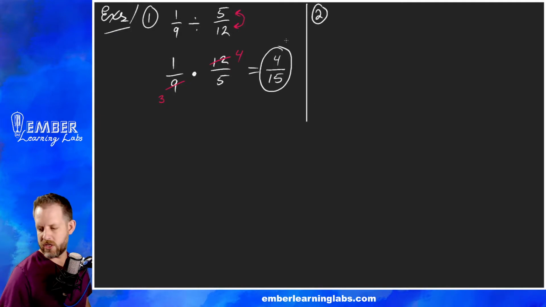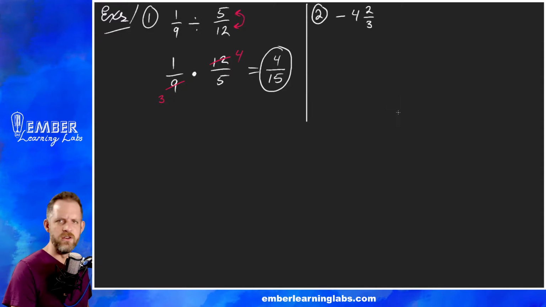So, example number 2. Numero dos. We're going to divide negative 4 2/3, so we're throwing a mixed number in there. That's the newish thing, right? Divided by 3 1/9. Okay.